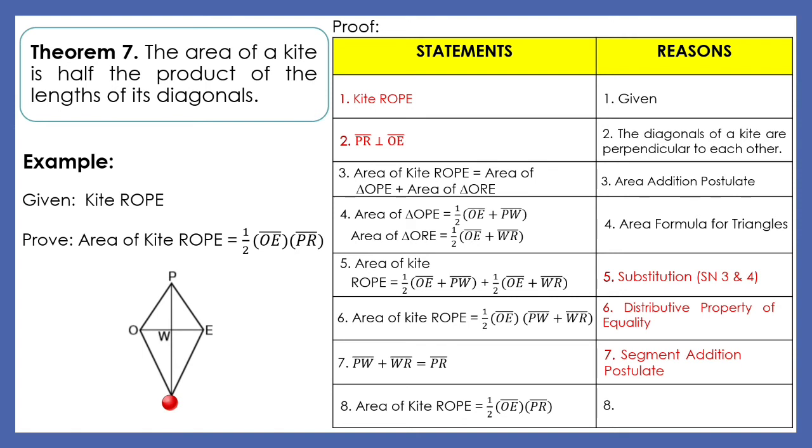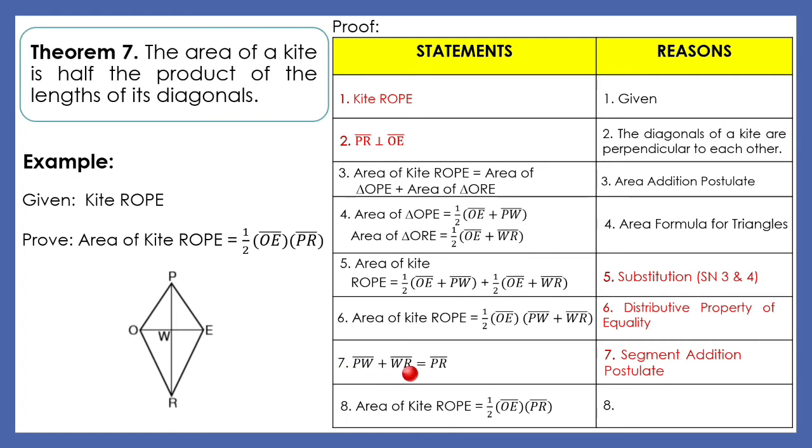For statement number 8, the area of kite ROPE is equal to 1/2 the product of line segment OE and line segment PR. So, mula dito sa ating statement number 6, yung ating PW plus WR ay sinubstitute natin ng line segment PR mula naman dito sa ating statement number 7.